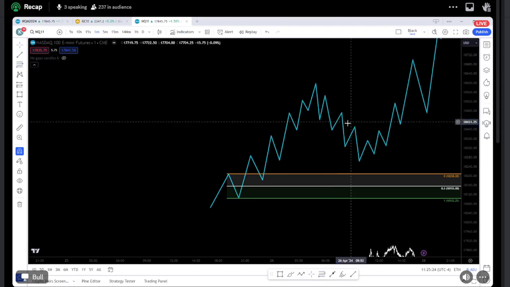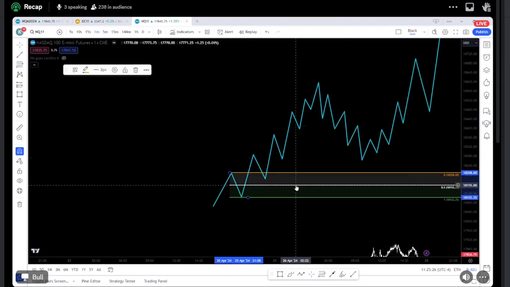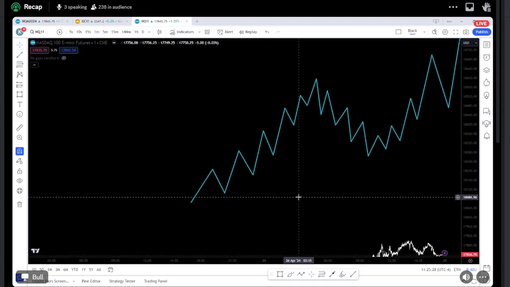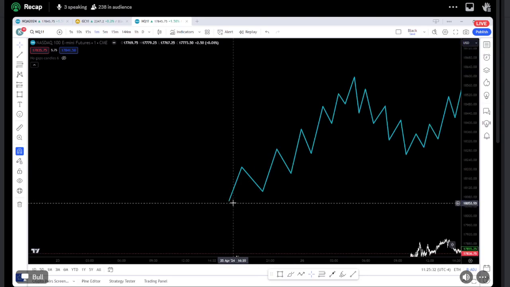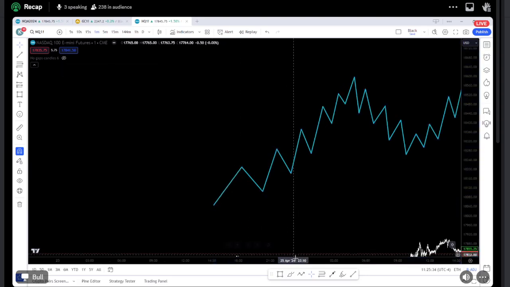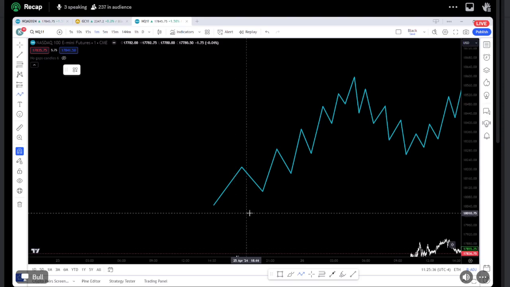Okay. Now, if we're looking at this and say this is the hourly chart that we're looking at, we understand that the lower time frames facilitate the higher time frame order flow.